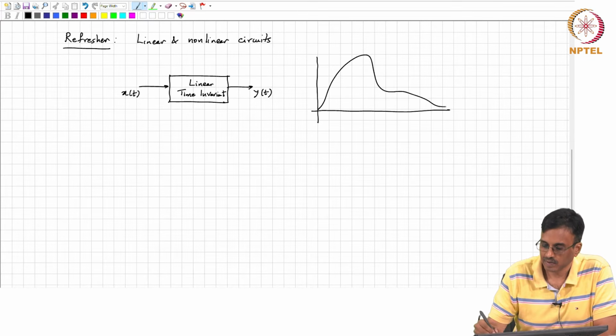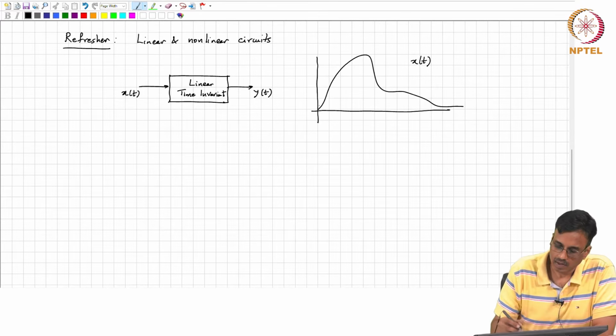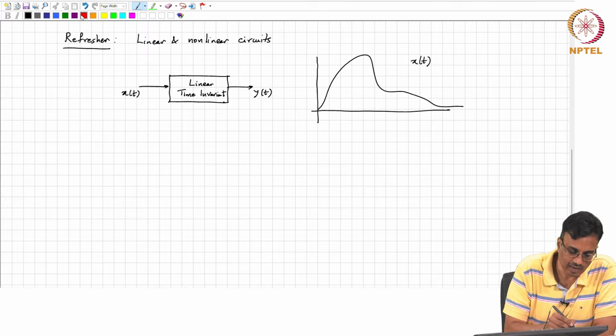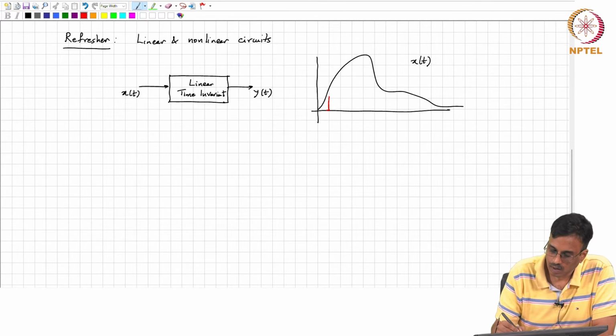And you can always think of y of t. So, let us say this is some x of t, and if you think of the input as a series of thin slivers like this, for example, here is one.